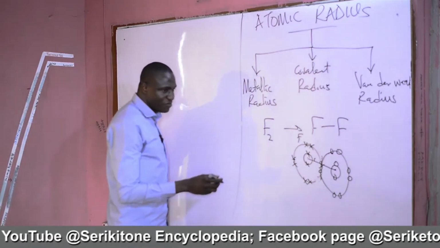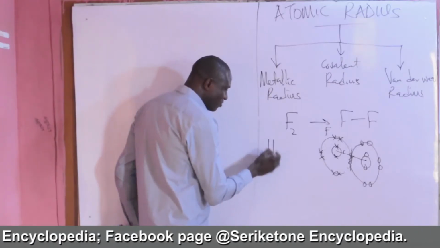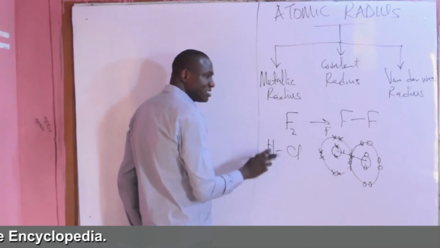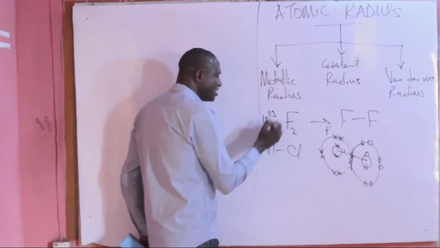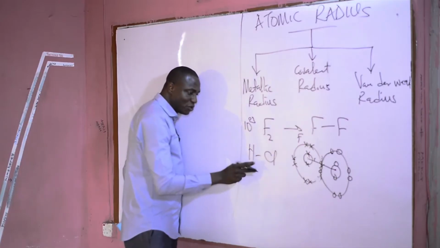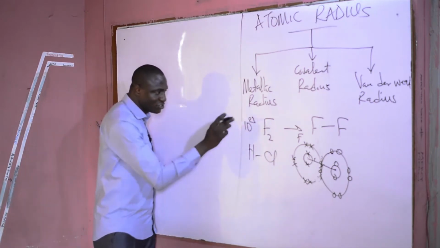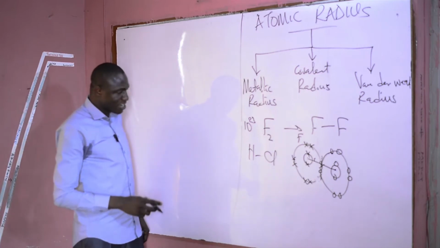For instance, if you have a hydrogen molecule, or hydrogen chloride, 1 mole of this compound contains about 10 raised to power 23 molecules. And the bond that is holding those molecules together, we are coming to that, is van der Waals.